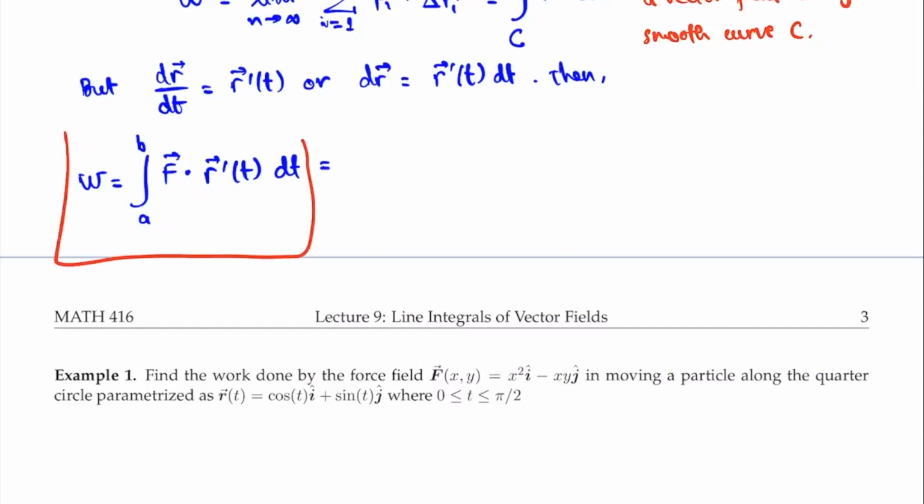How can I make a square here? Good. That's the formula. Right. So from this formula, what we're going to do is multiply and divide by the magnitude of r prime.